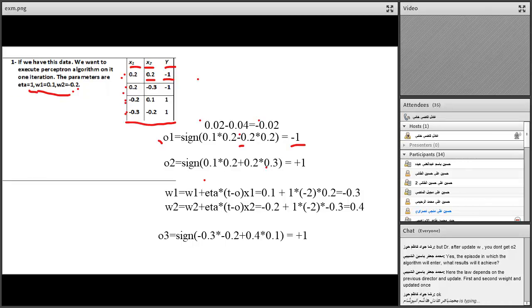And in the loop, you check the data. You start with the first one, then the second one, the third one, the fourth one. Then again, you go to the first one.